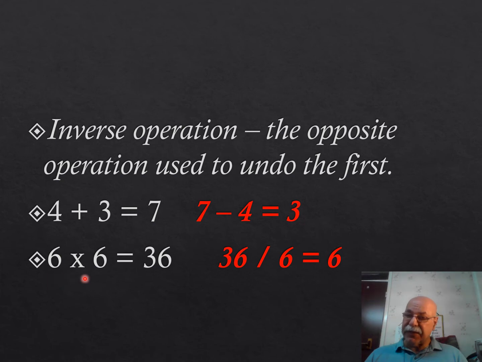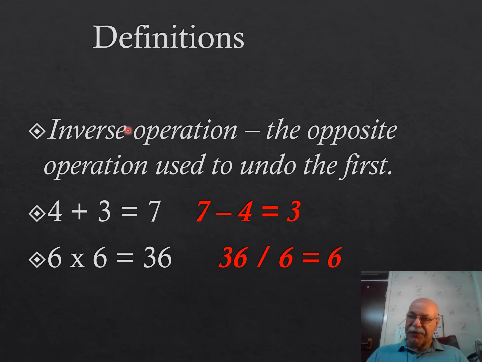Here, 6 times 6 equals 36. What does this mean? 36 divided by 6, the inverse of multiplication, becomes 6. This is the inverse operation.